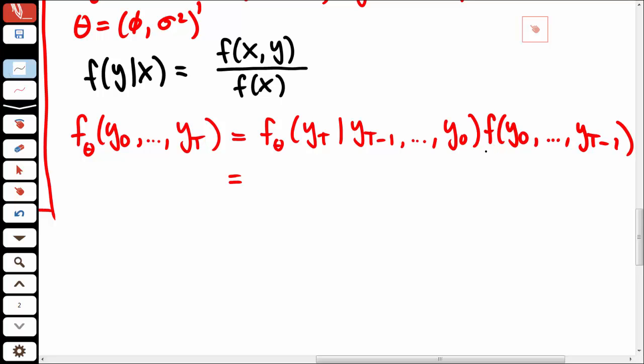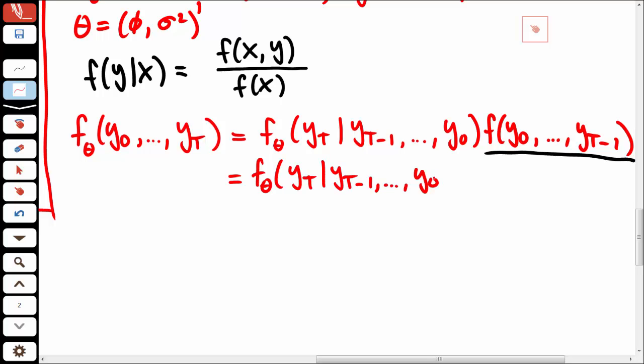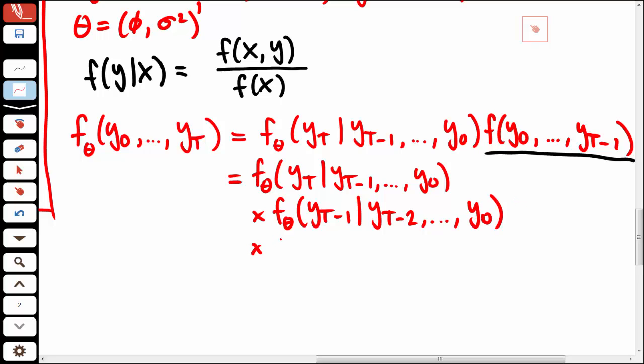Next, we can consider factorizing the last factor in the product, such that we have the conditional density of y_T, and then times the conditional density of observation y_{T-1} given y_{T-2} down to observation y_0, then times the joint density of observation y_0 up to observation y_{T-2}.